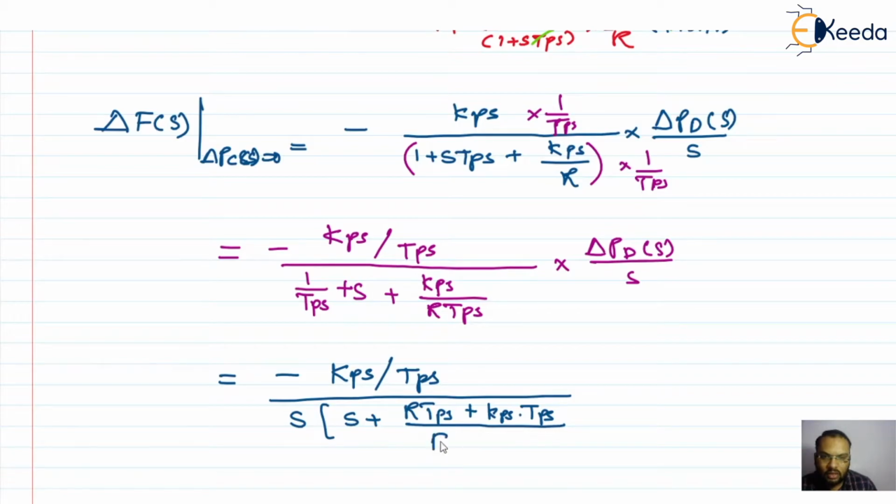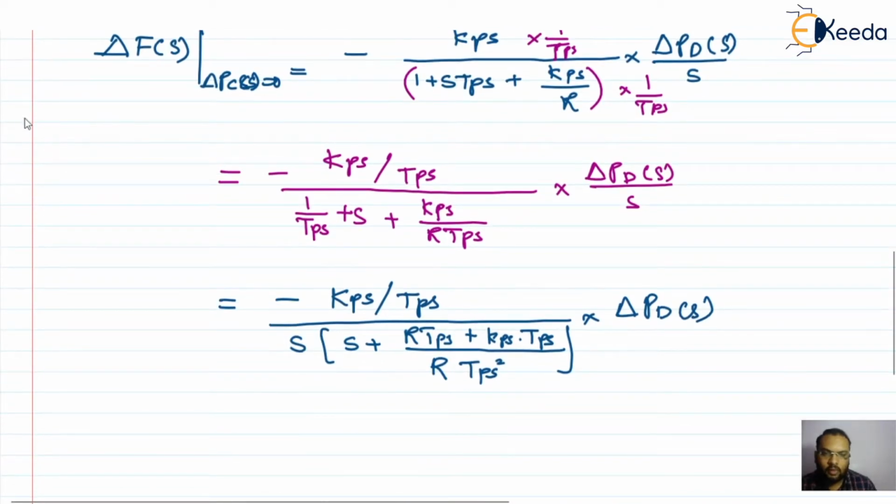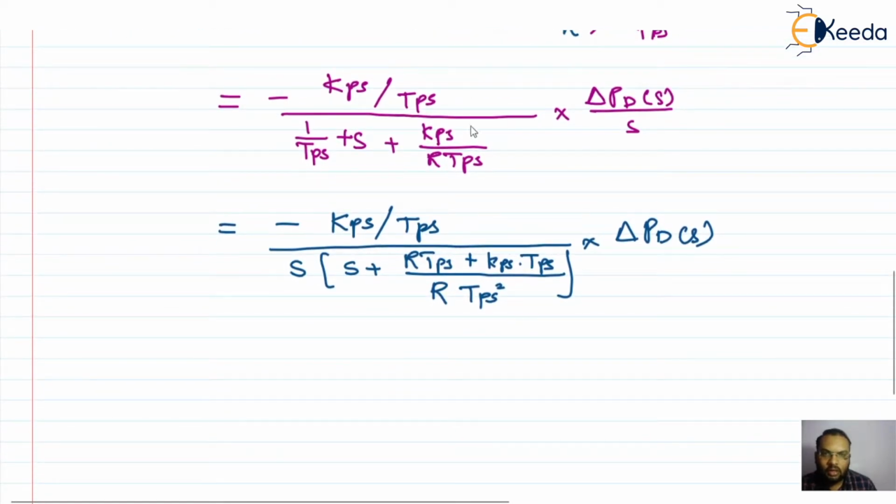So we are getting here R·Tp(s)², okay, into that delta Pd(s) we get. Now you see here I can take Tp(s) as common, Tp(s) from this and Tp(s) from this, so that Tp(s) and that square will get cancelled.